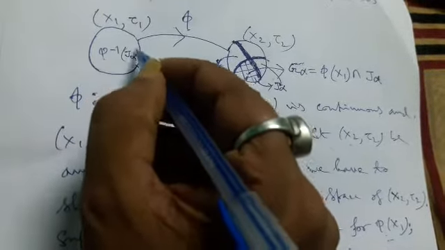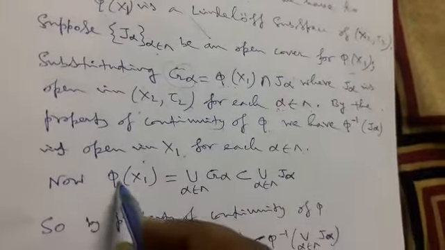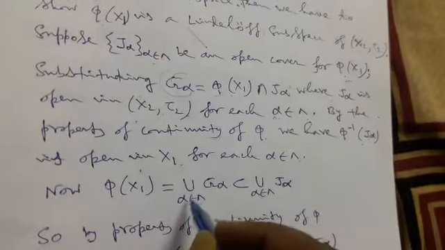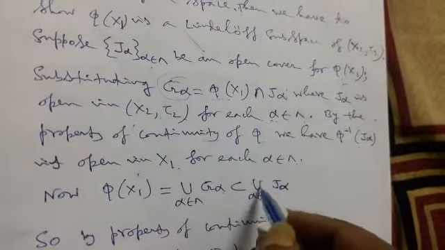We take it here, that is also open in x1. And now for each alpha belonging to the index set, we have phi of x1 is equal to the union of g alpha, and that will be a subset of the union of j alpha.